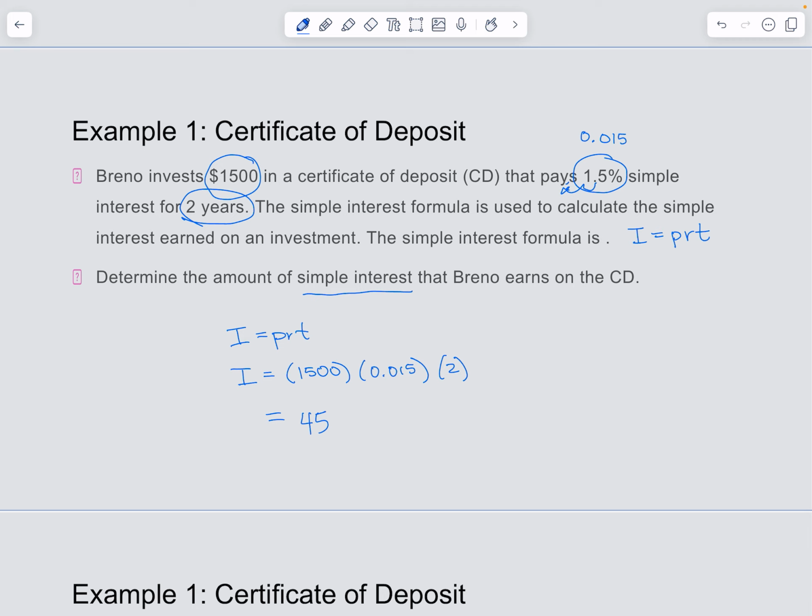So this calculated the interest. So we would say the interest that Brano earns on the CD is $45. And that will be our answer.